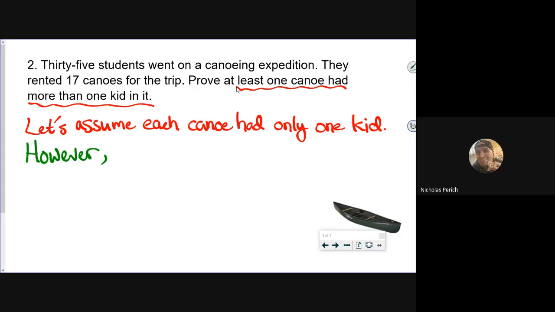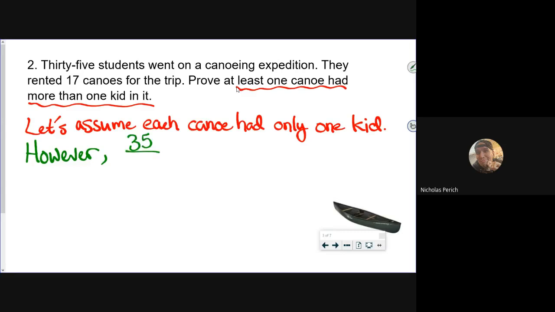There's 35 of you and 17 canoes, and the kid over here writing out in red says, each kid gets their own canoe. You're going to say, no, because, do some math, easy math. Type it up in the chat. Santi got it. 35 divided by 17.